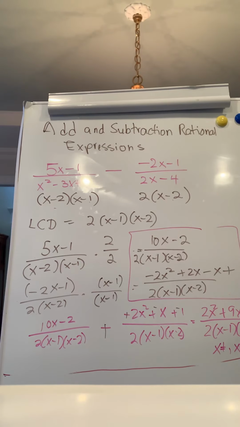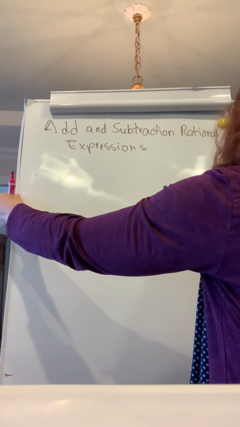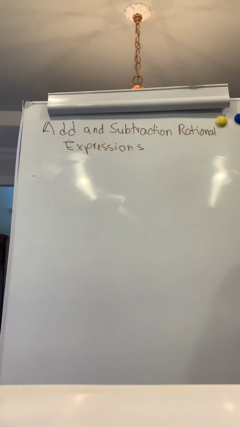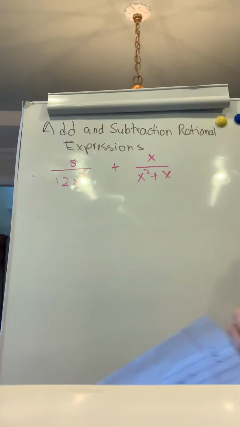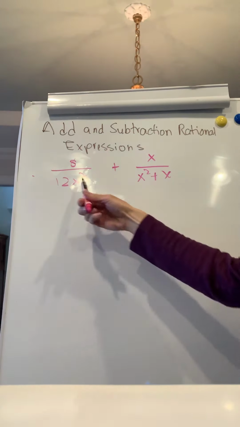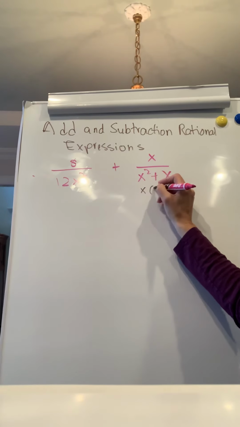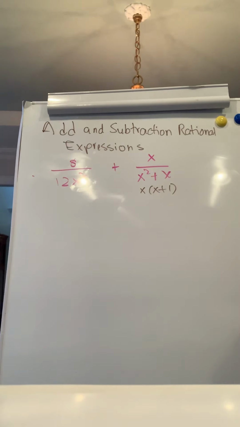All right, I'm going to do one more example for you, and I'm going to let you try one. All right, this we don't need to factor, but this we can factor into x times x plus 1.